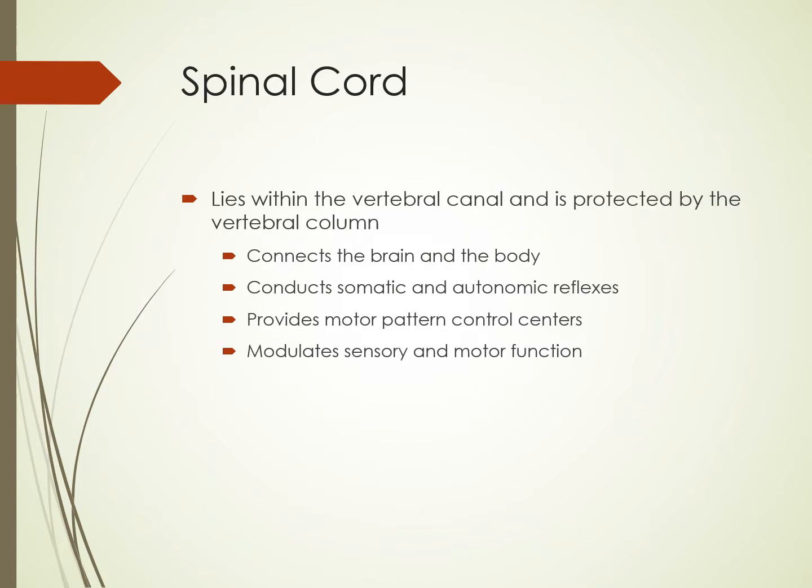The spinal cord lies within the vertebral canal and is protected by the vertebral column. So there's a hole down the center of the spine, and that's protecting the spinal cord. It connects the brain and the body and conducts somatic and autonomic reflexes, provides motor pattern and control centers, and modulates sensory and motor function.